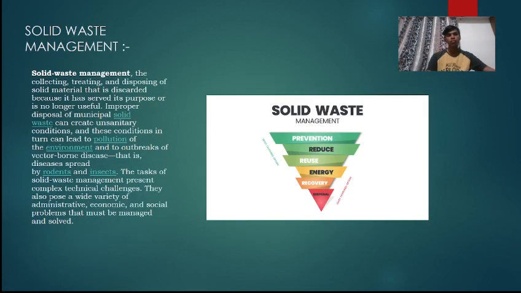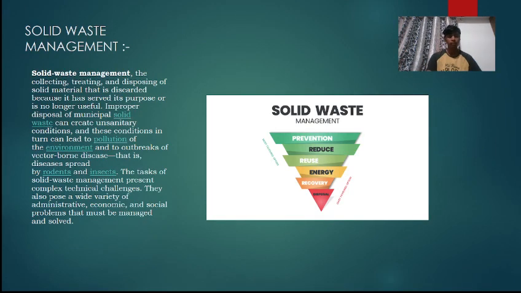Next is solid waste management. Solid waste management is the collecting, treating and disposing of solid waste materials that are discarded because they have served their purpose or are no longer useful. Improper disposal of municipal solid waste creates unsanitary conditions, which is the main reason why sanitary conditions must be controlled so that they do not lead to pollution of the environment, and thus outbreaks of vector-borne diseases, that is, diseases spread by rodents and insects.